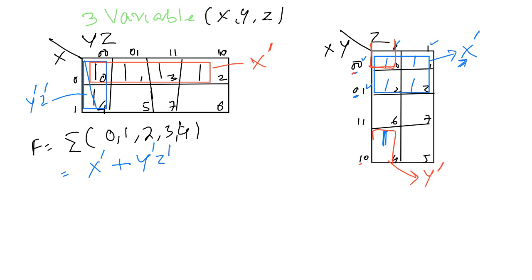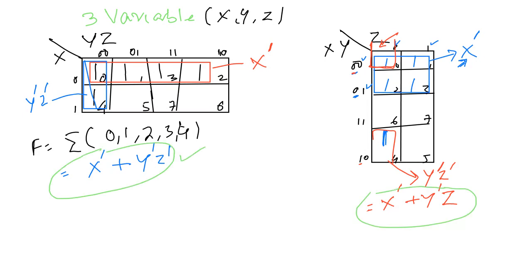And z value here is 0, so it will be z dash. So you see, all of you, it is again the same as x dash plus y dash z dash. So as you can see, whether you use 1 over 2, or otherwise 2 and 1, it is the same thing. So both of them are acceptable. Making sense, all of you?